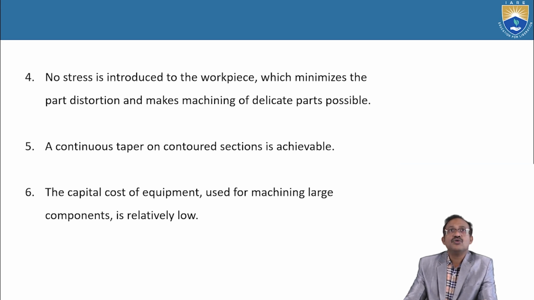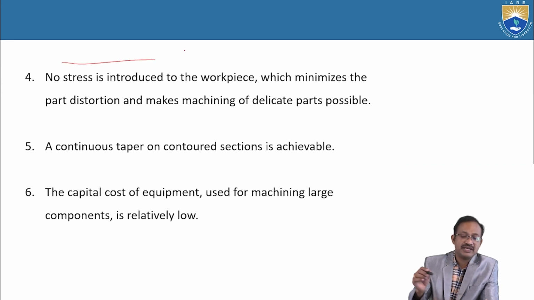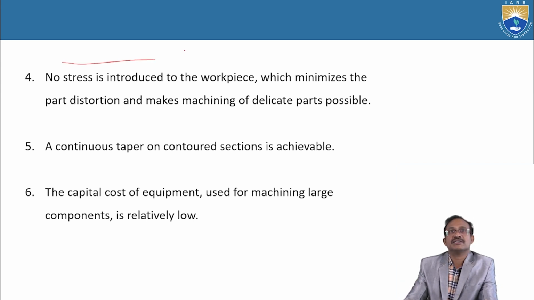Next, no stress is induced in the workpiece, which minimizes part distortion and makes machining of delicate parts possible. So there will not be any induced stresses or hidden stresses, which implies no part distortion, and machining of delicate parts is also possible.